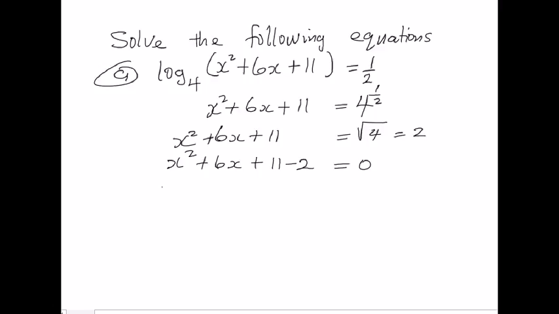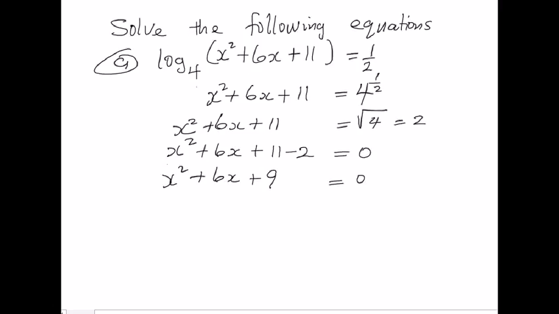So now we have x squared plus 6x plus 11 minus 2 will give us 9, equals 0. So the next thing is to factorize this equation to get the answer.